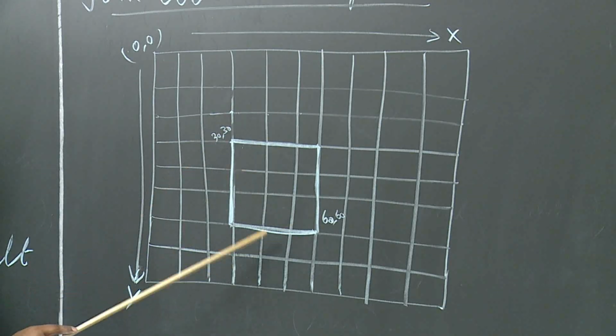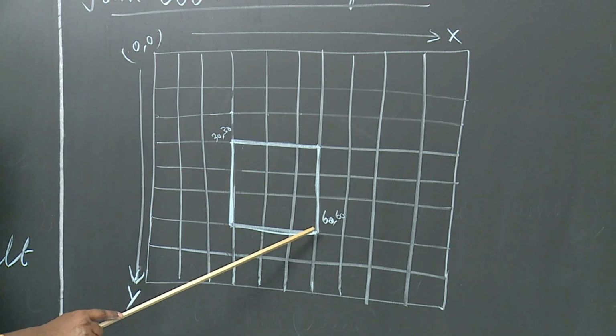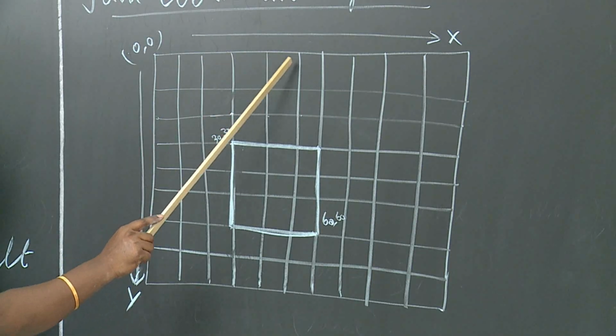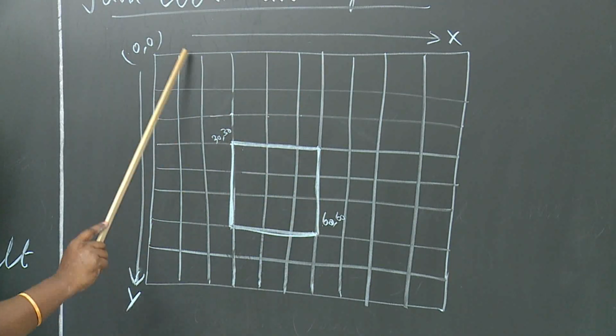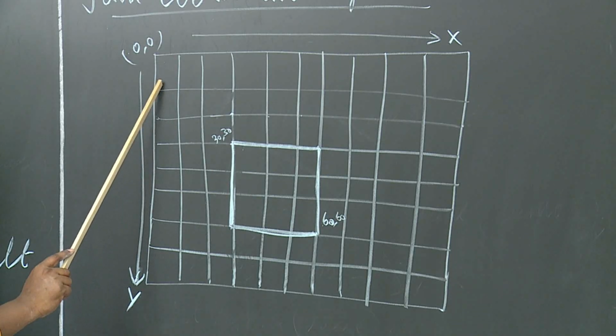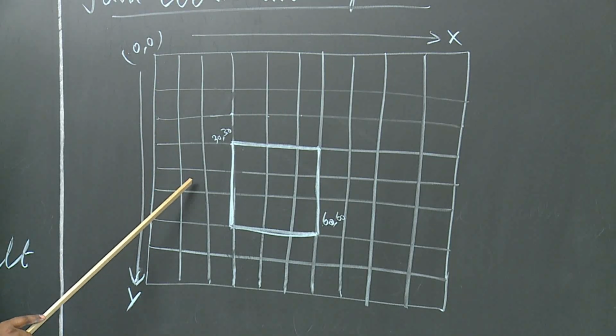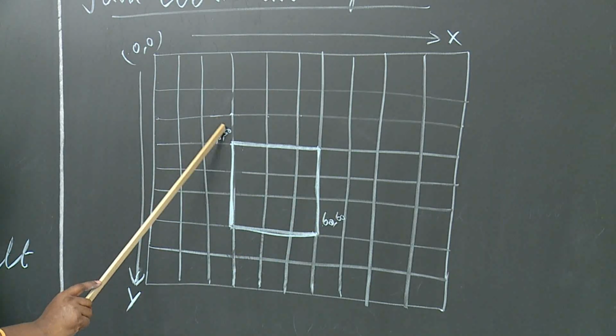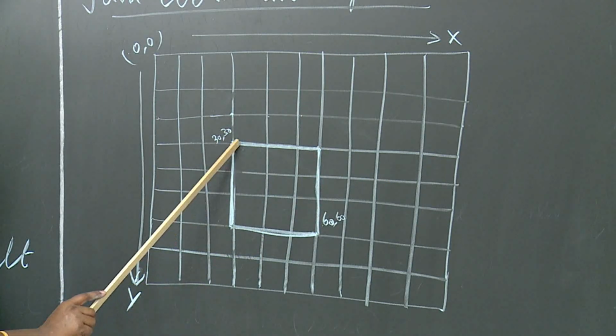The same way, the second point is 60, 60. Marking 10, 20, 30, 40, 50, 60 on the x axis, and the same on the y axis, I get the second end point. So while filling, I will get the 2D shape like this.